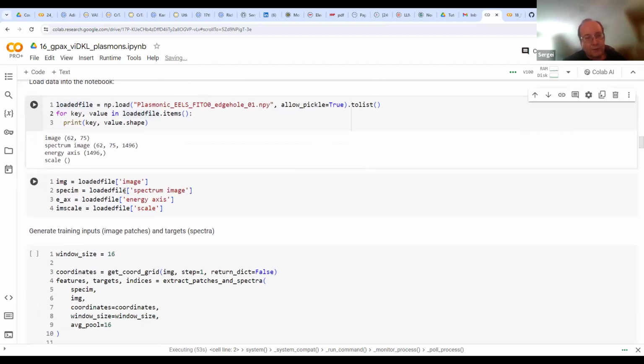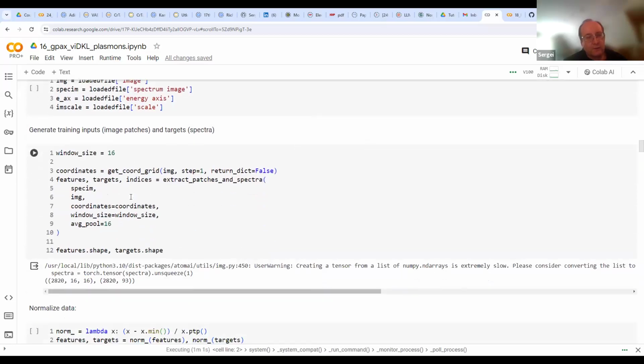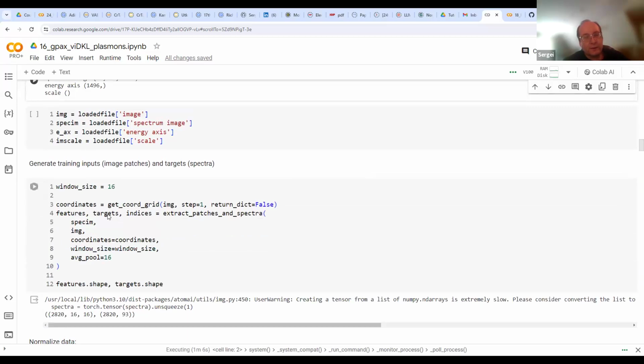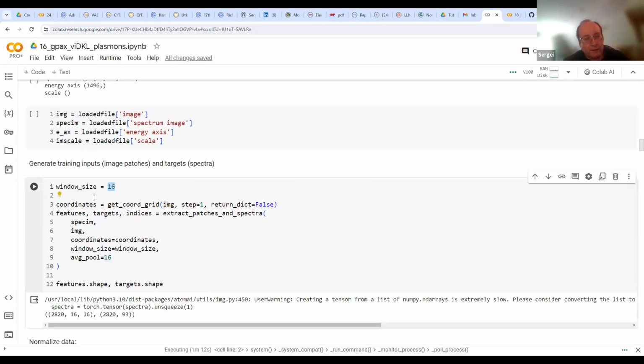Then we give names to these objects so that we know where they are stored, and we start our process. The first step is to find the descriptors. In this case, the descriptor is a 16 by 16 window.